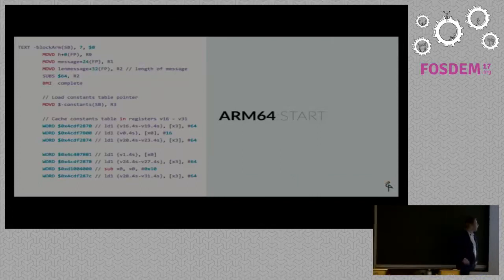This is actually an ARM example. So the first line is basically how you define the function in the assembly code. And the first thing that you do is read the parameters that were passed in. This function takes 2 slices as inputs. And as maybe some of you know, a slice is a structure with 3 elements in it. The first element is a pointer to where the actual data is, and the second is the length of the slice.